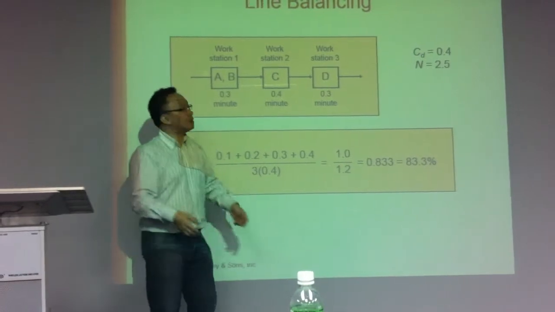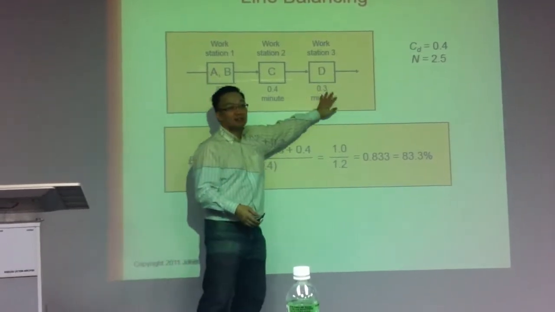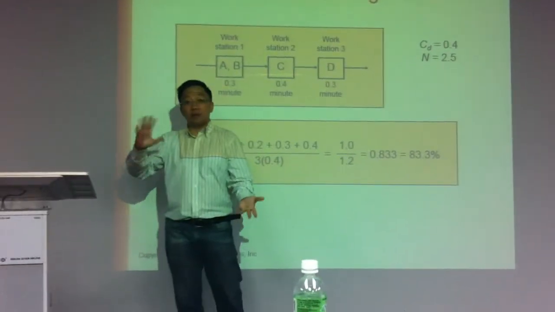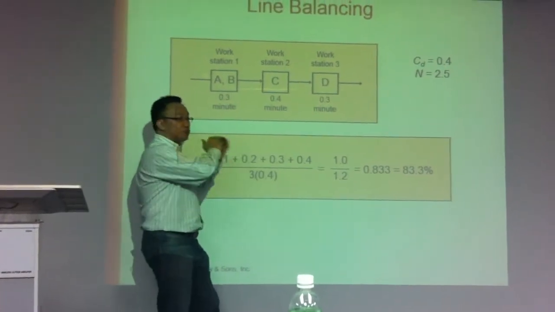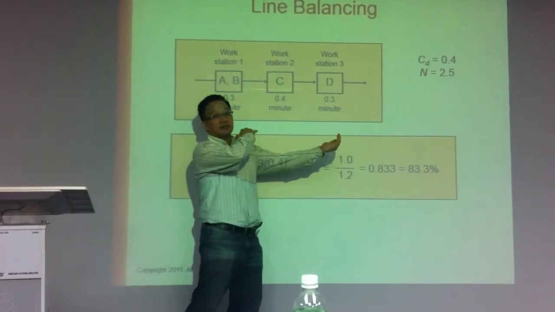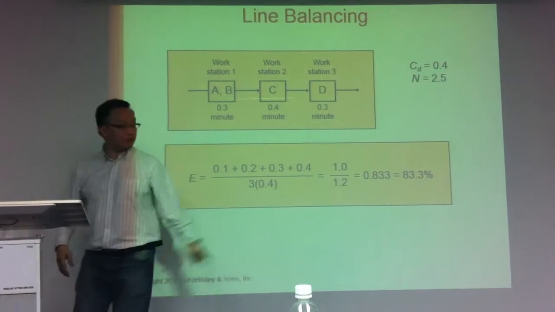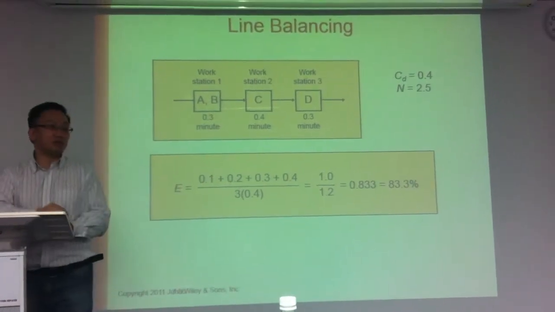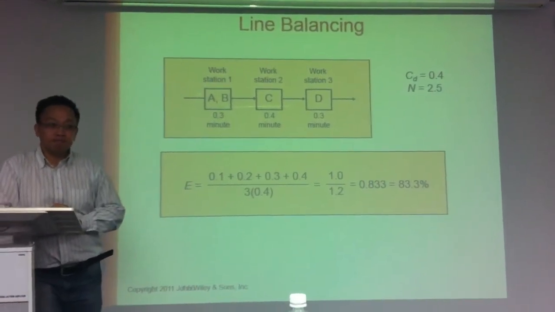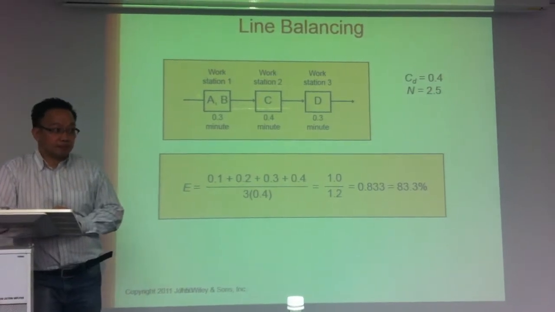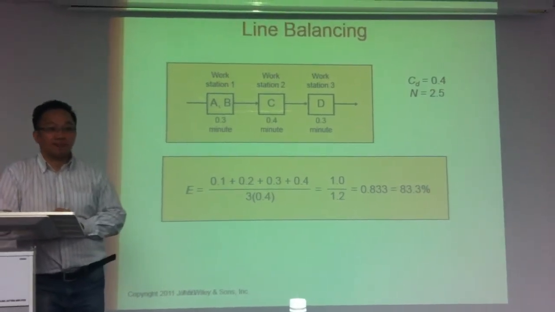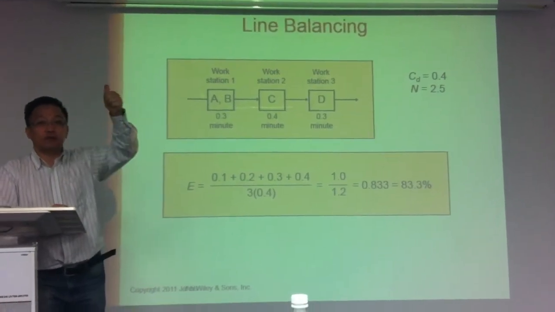No. Somebody works so hard, somebody doesn't work, so it's not balanced. Line balancing, you try to balance everyone. Then you should achieve better efficiency. That's all. E is efficiency. High efficiency, good. Low efficiency, no good.